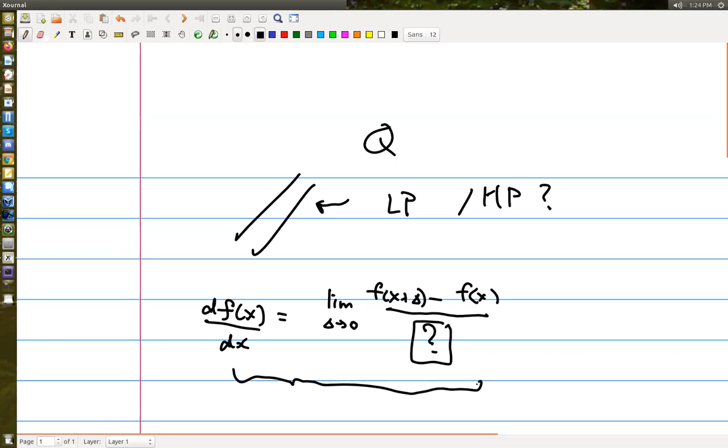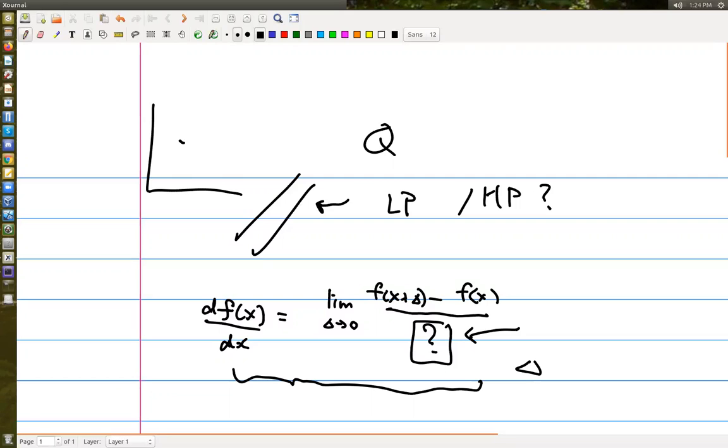So what's that thing in the denominator? Yes, that's delta. Why is it delta? Because the derivative is trying to measure slope, right?